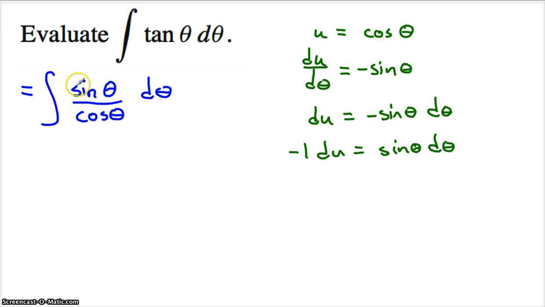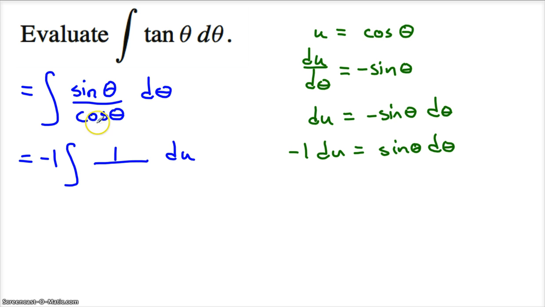Okay, so now let's look back here. We have a sine theta d theta in the numerator, so I can replace sine theta d theta with negative 1 du. I'm going to put the negative 1 outside the integration symbol, put the 1 in the numerator, and put the du to the right.